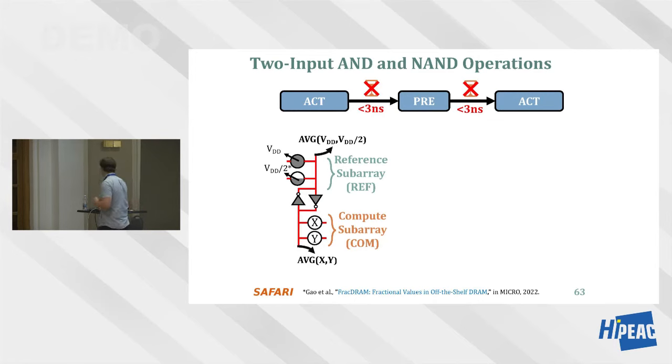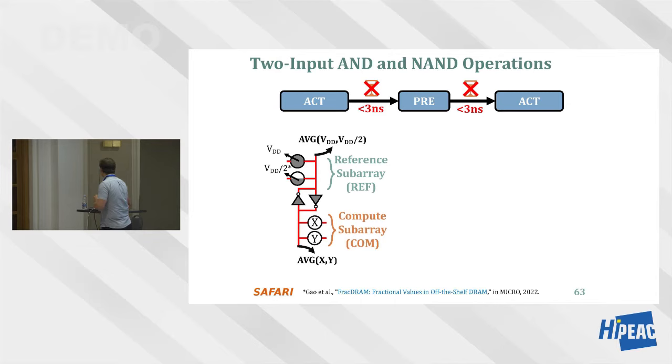Okay, so I'm going to call the top subarray the reference subarray. I'm going to manipulate the voltages there carefully, and there are ways of doing that. And then at the bottom, the compute subarray. These are the inputs essentially. Okay, so initially I'm going to put VDD to one of these and VDD over 2 to one of these. And you can do that. There are prior works that show how to do that. And I'm going to violate the timing parameters.